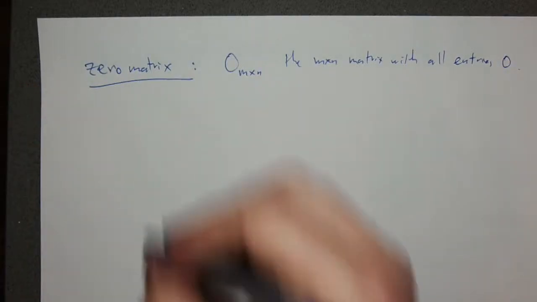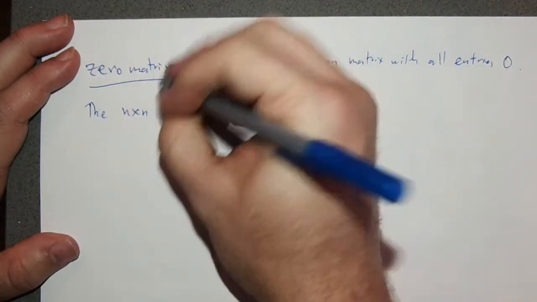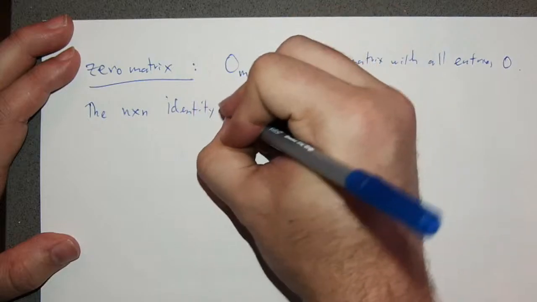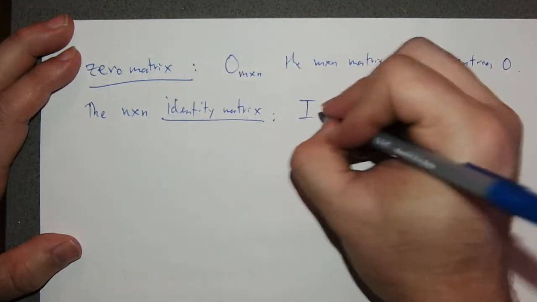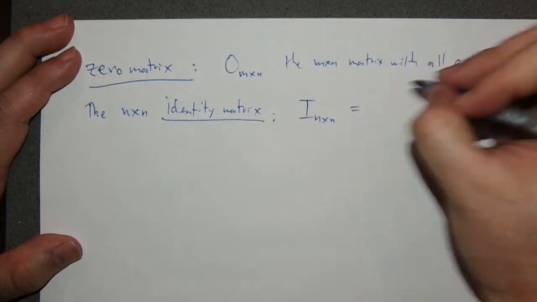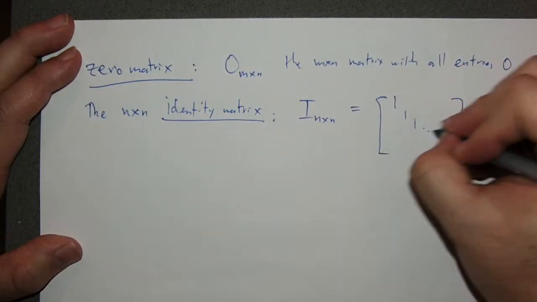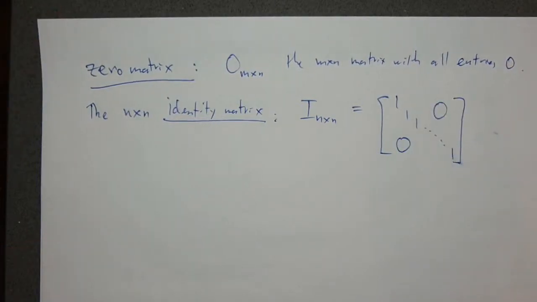Okay. The n by n identity matrix we've already seen. So we'll write this as I sub n by n. This is the matrix that has diagonal entries 1 and all other entries 0. So this is a diagonal matrix. Here's an example of a diagonal matrix.